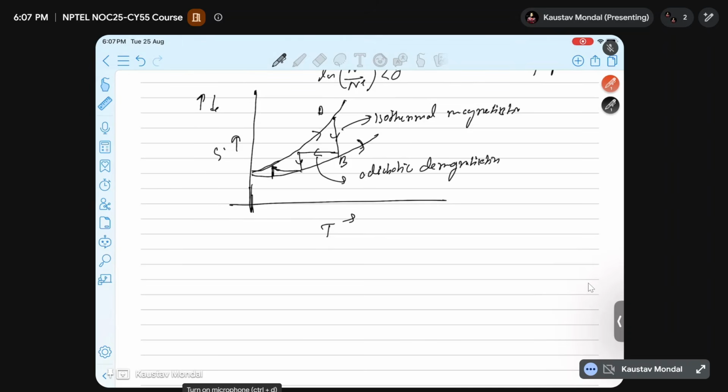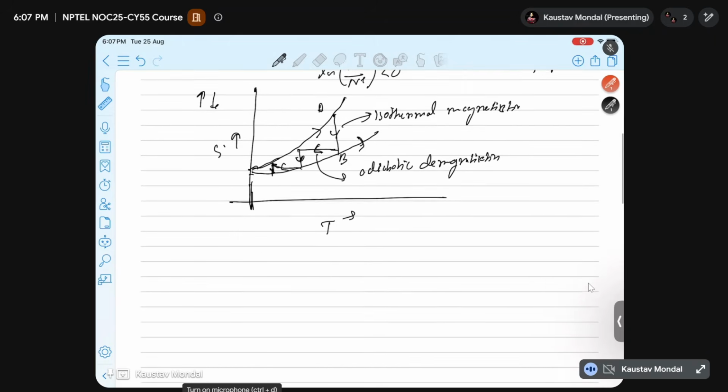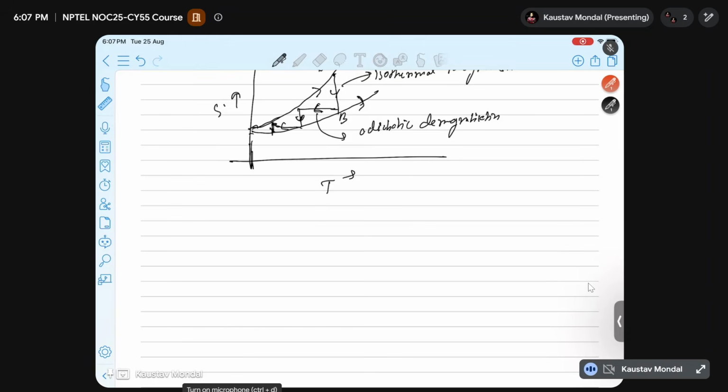If you do these two processes again and again, after a certain amount of time you will manage to attain a very low temperature. So this is a possible way, and experimentally this process also achieves very small magnitudes of temperature.